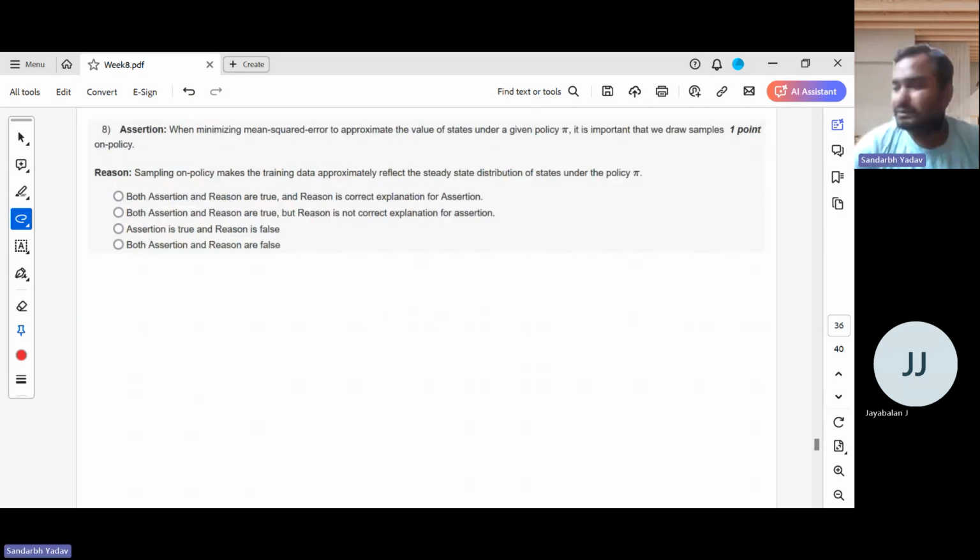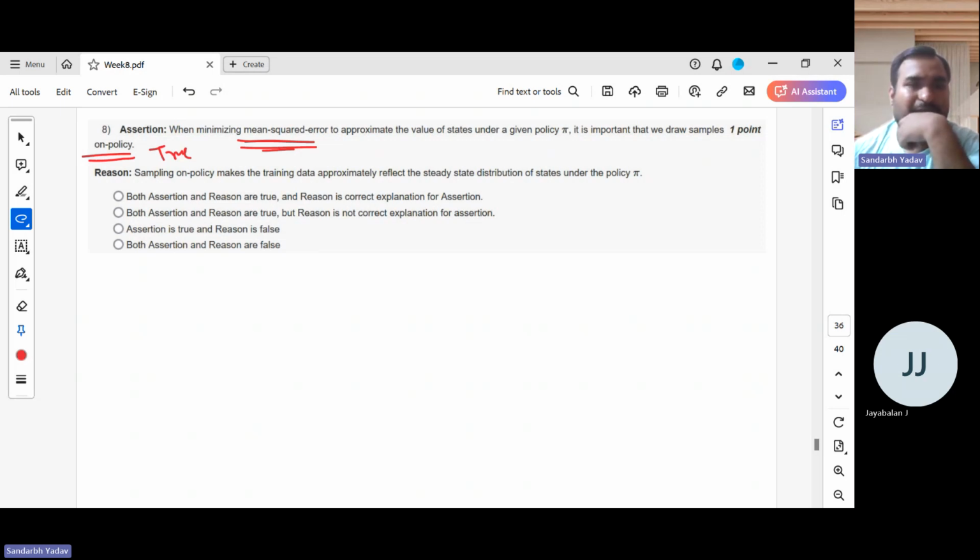Now the eighth question, again a regression reason. When minimizing mean square error to approximate the value of states under a given policy pi, it is important that we draw samples on policy. Is it true? Yes, it's true, because when minimizing the mean square error, remember this is mean square error, not weighted mean square error, you need to draw samples on policy.